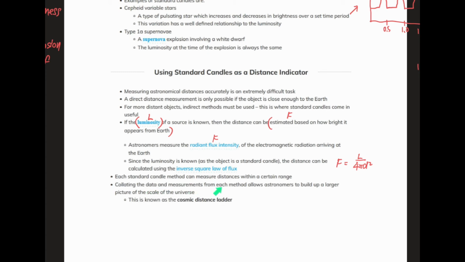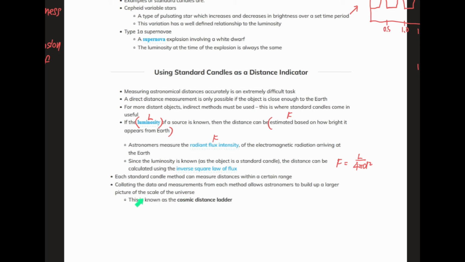Measurements from each method allow astronomers to build up a larger picture of the scale of the universe. Astronomers are trying to figure out how big the universe is. So they keep collecting data, keep doing calculations, and use different methods to work out the size of the universe.